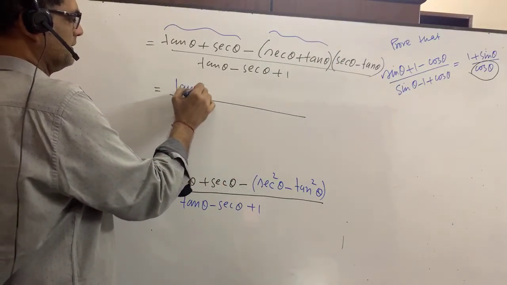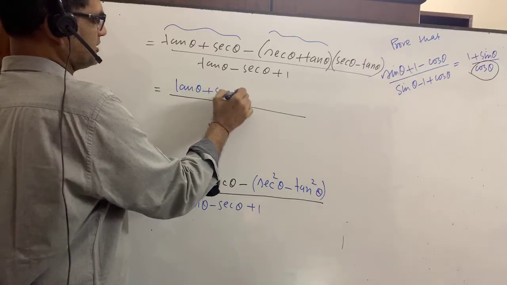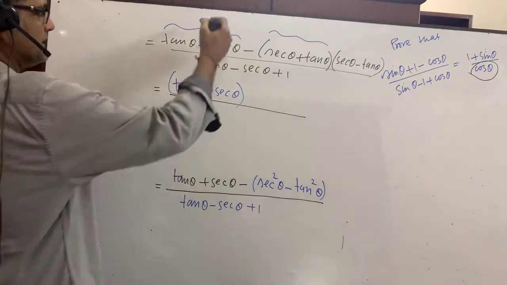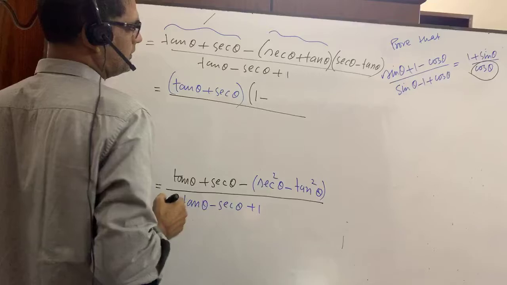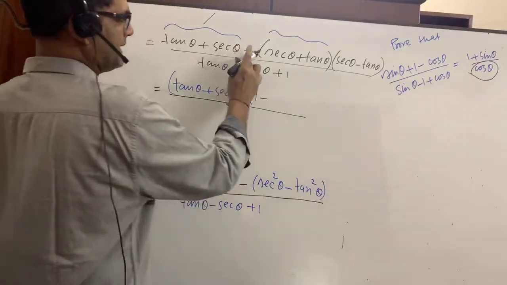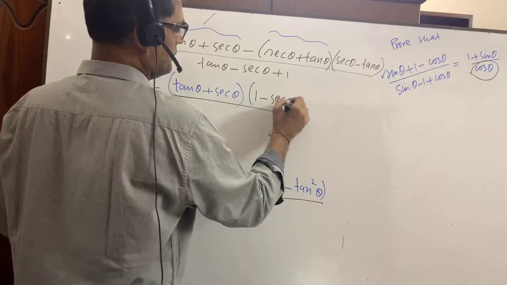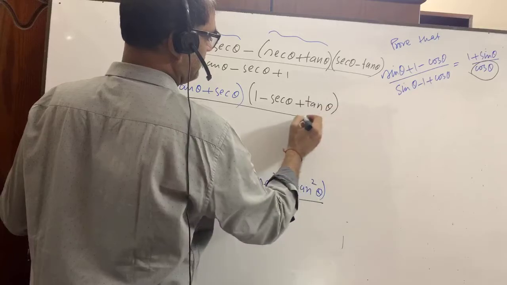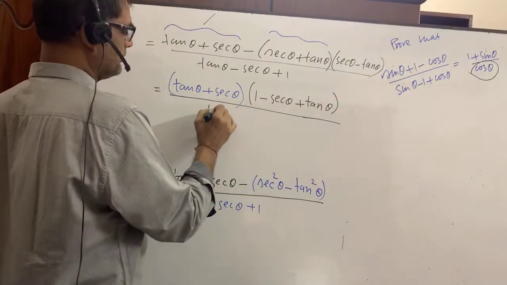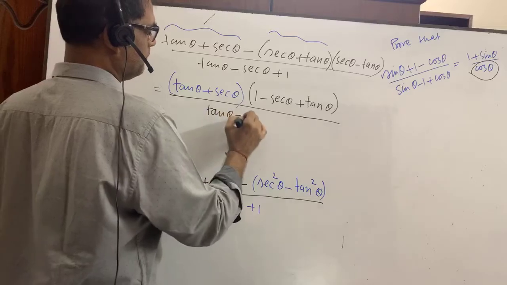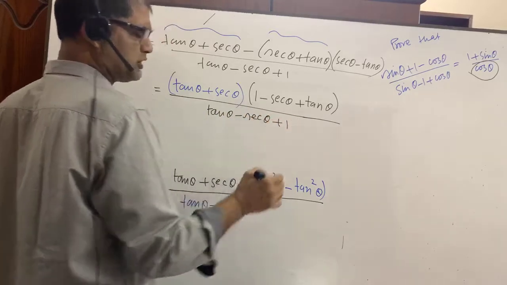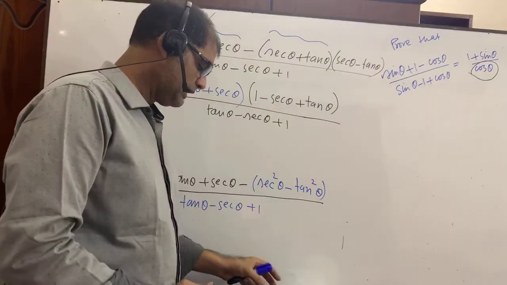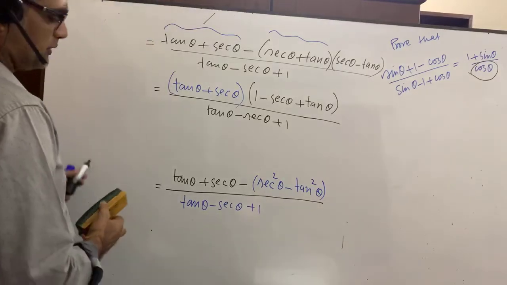That is, tan theta plus sec theta has been taken common. So what is the uncommon part? For this we are left with 1. This is minus sec theta plus tan theta. Okay, and in the denominator we are getting tan theta minus sec theta plus 1, just to maintain the formalities.